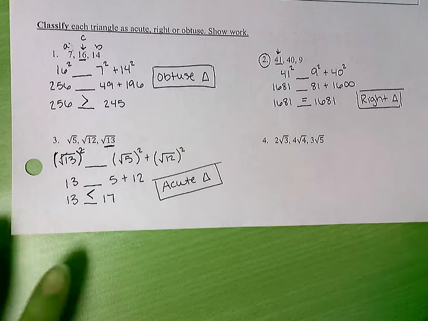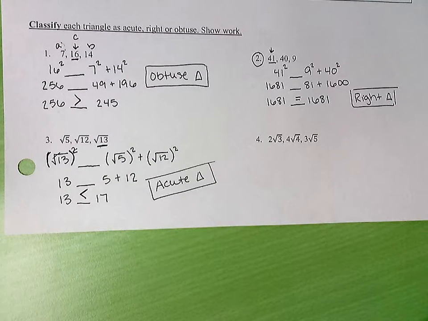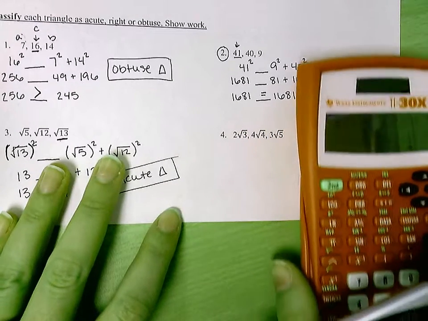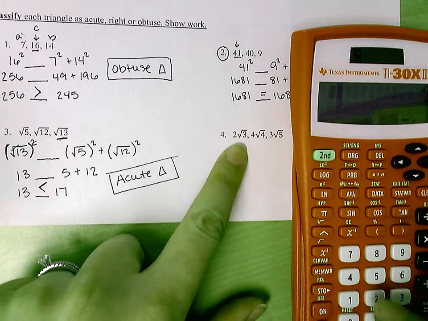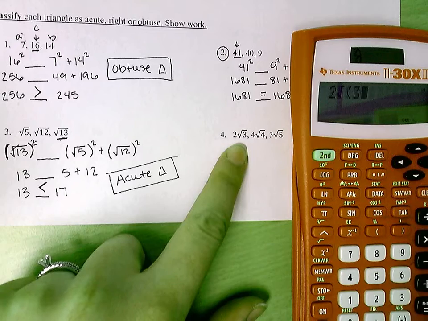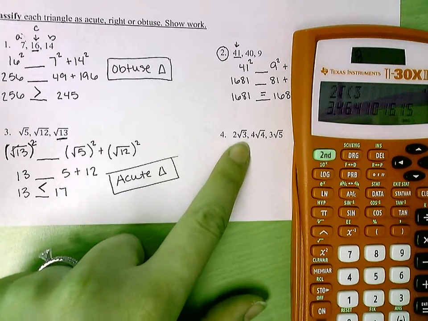All right, looking at number 4, again we have some square roots here. Again, if you don't know which one is your greater side, use your handy dandy calculator. So I can take 2 times the square root of 3. That is equal to about 3.5.